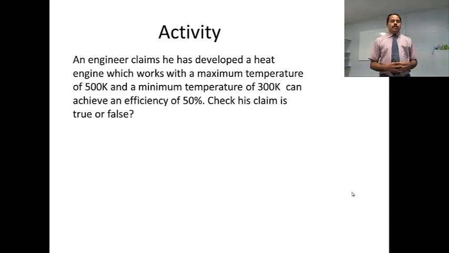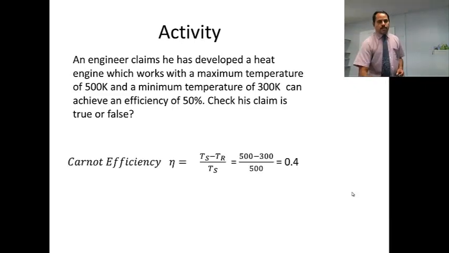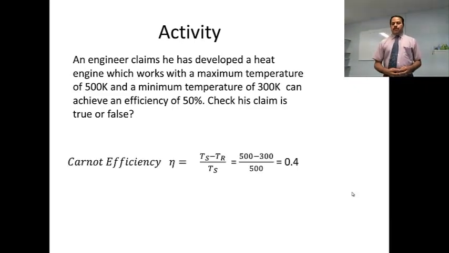Now we know that according to the second law of thermodynamics, the maximum possible efficiency is the Carnot efficiency. Let us calculate the Carnot efficiency of this engine. The Carnot efficiency is Ts minus Tr over Ts, which is equal to 500 minus 300 over 500, equal to 0.4, which is equivalent to 40% efficiency.